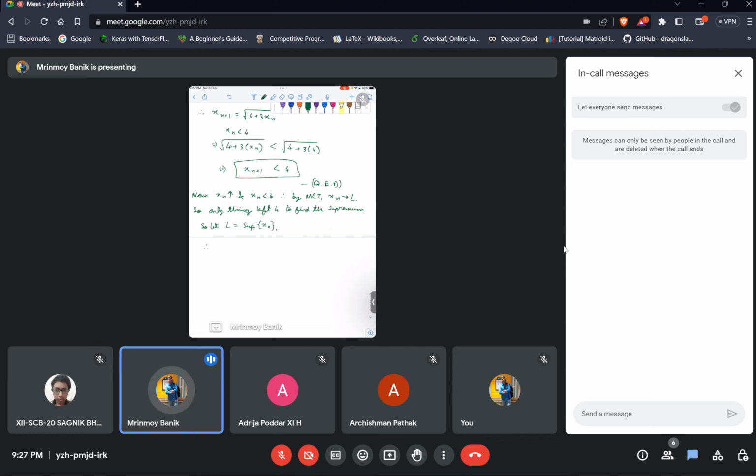Therefore, what will happen at the supremum? xn will be equal to L, and xn+1 will also be equal to L. Everything will be equal to L. So L is the limiting constant, right? So if we substitute xn equals L in the recursion, we get a quadratic like this.